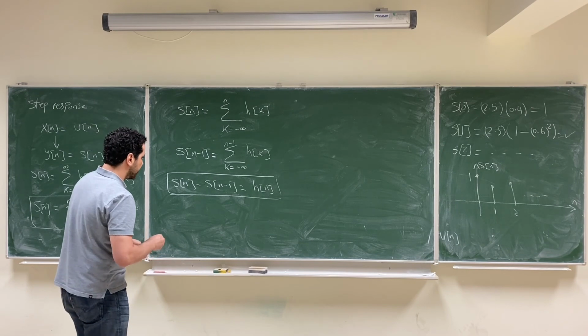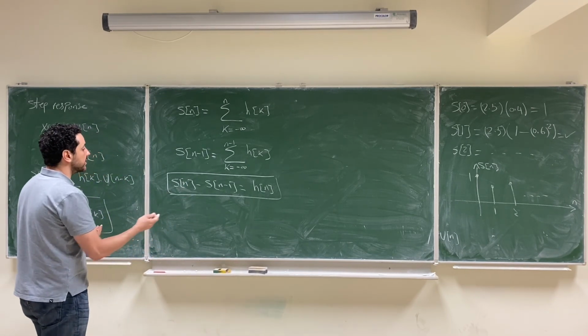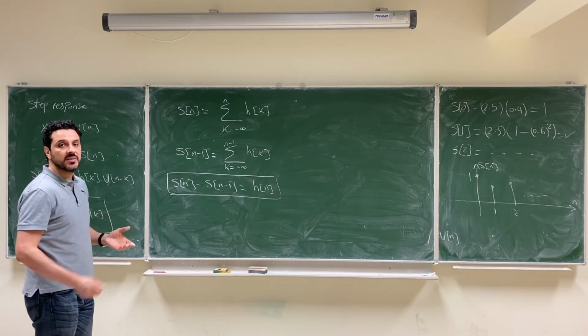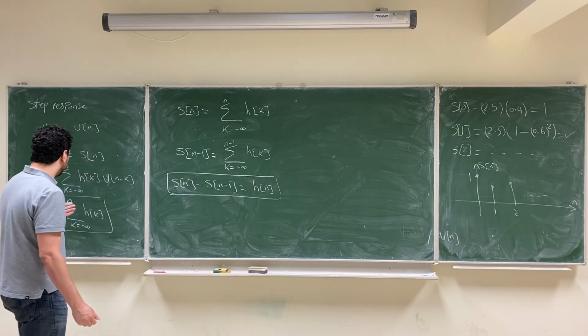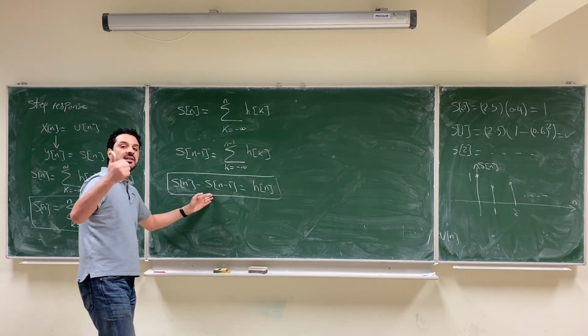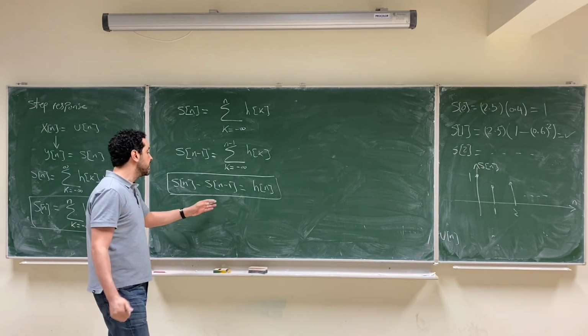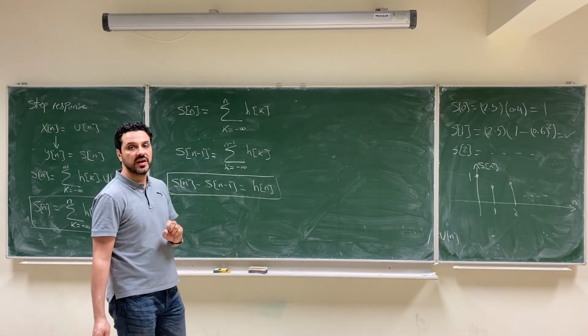Okay? So this is a relation between the impulse response and the step response, very similar to what we got in continuous time systems, except that here instead of integration we have a summation, and instead of differentiation in continuous time systems we have a difference between s[n] and s[n minus 1].